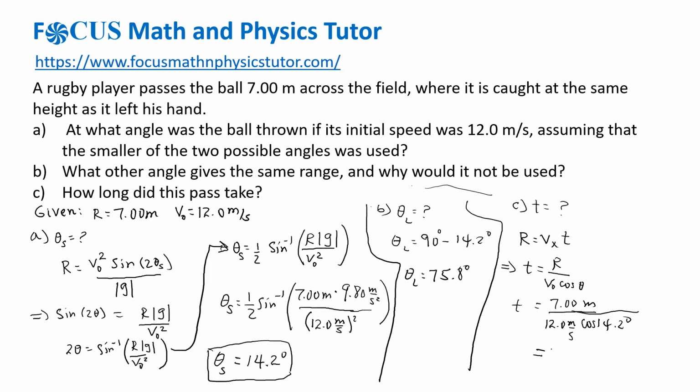And that yields 0.602 seconds. So the time will be 0.602 seconds. If we were to use 78.5 degrees, the cosine will be smaller and therefore t will be longer. And that's why we use the smaller angle instead.